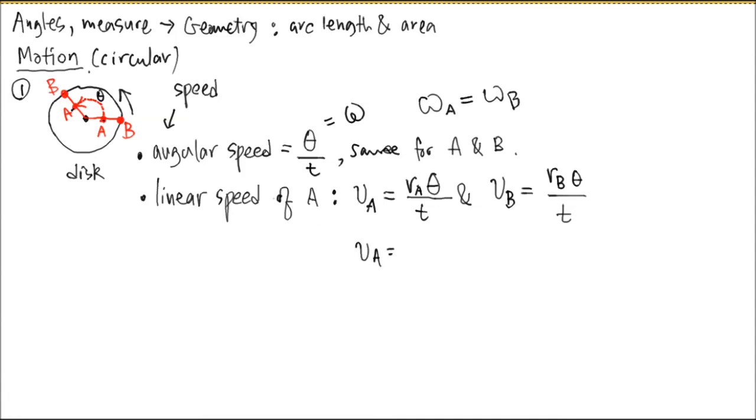VA can be reorganized like this: RA times theta over T. Is that all right? And VB is organized like what? RB times theta over T. Is that good? Does anybody know the new name for theta over T? We label theta over T something else.